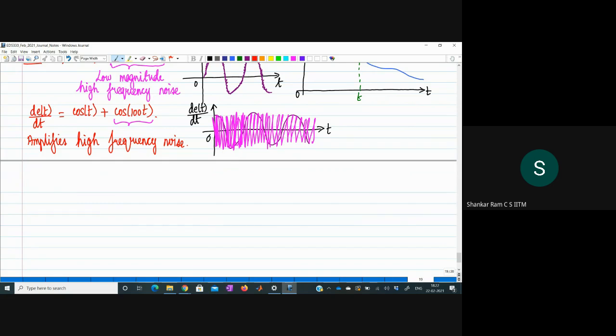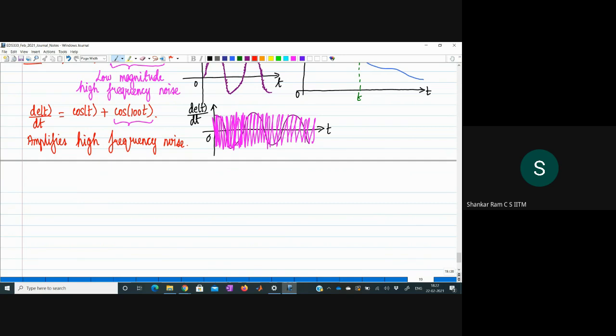That should be kept in mind when we are implementing derivative control. As an exercise, I want you to think through how we can circumvent it. Please look at tools like MATLAB, and any other software where the PID controller is implemented.